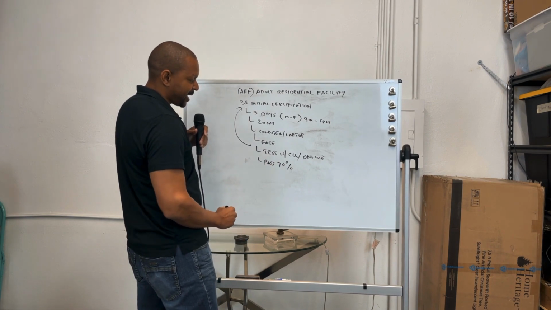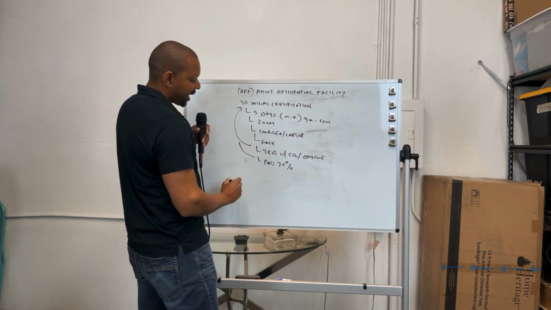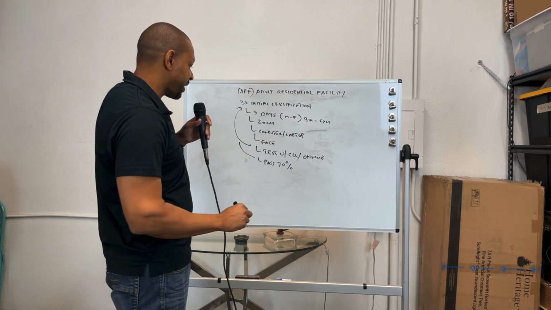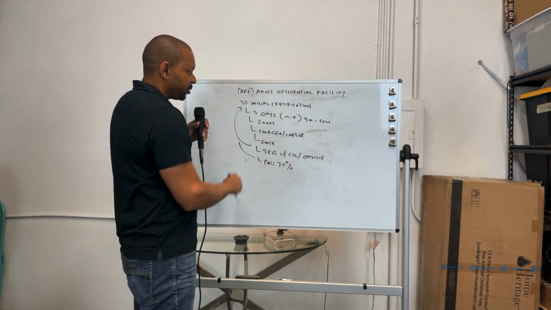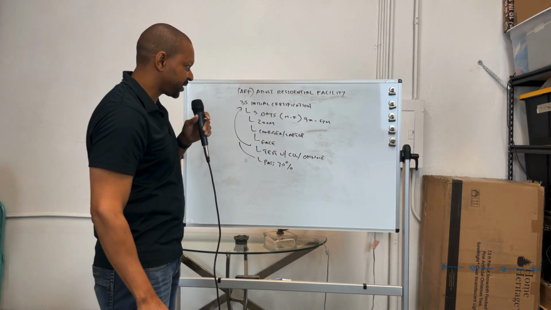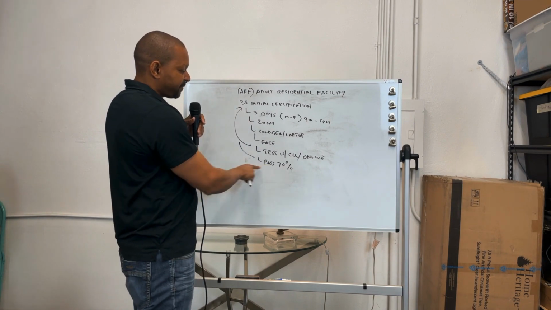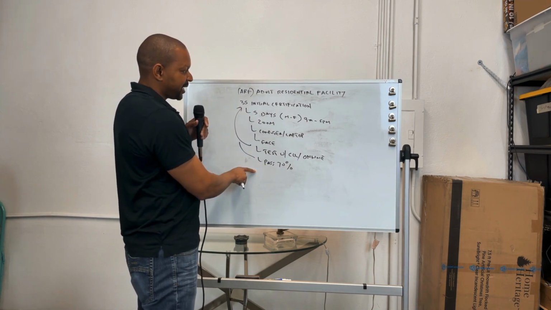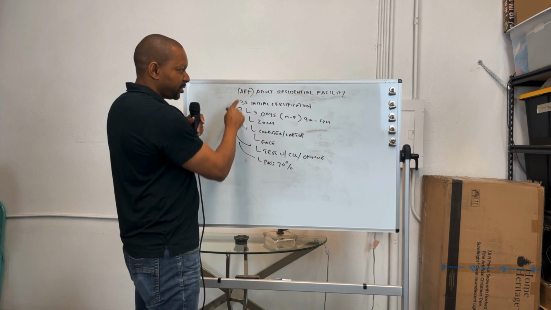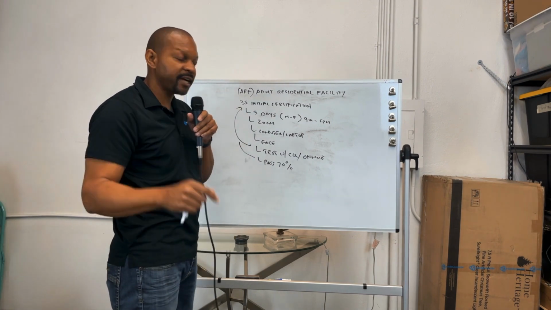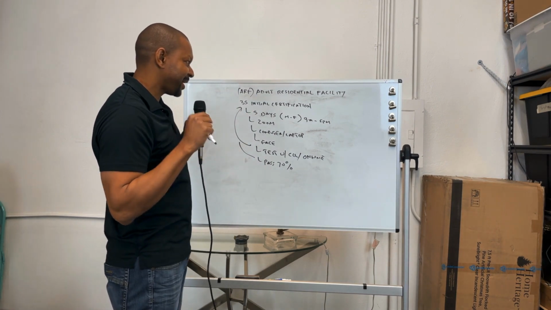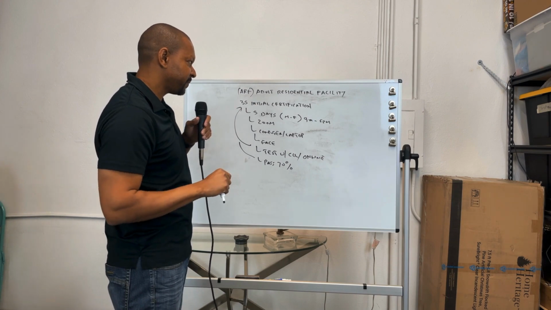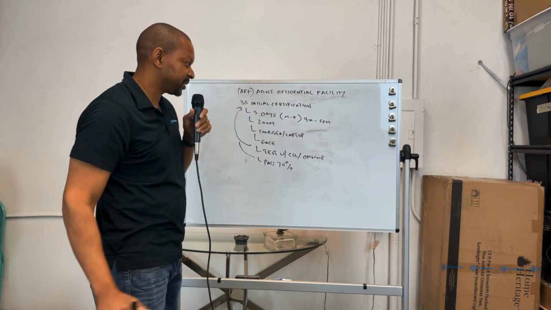After you pass the exam, there are a few other steps that you have to do. Those steps we teach you in the class in order to get your certificate. So what happens after you pass this exam with the 70%, that certifies you as an administrator for an adult residential facility.